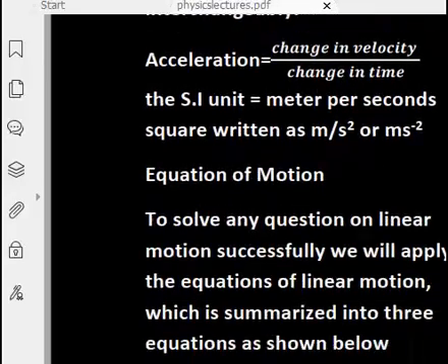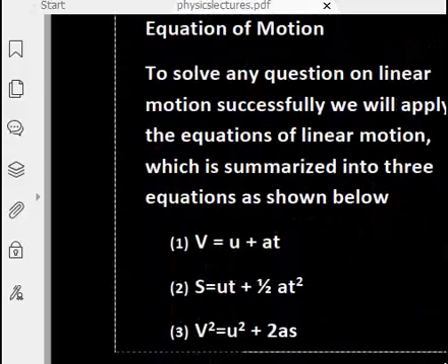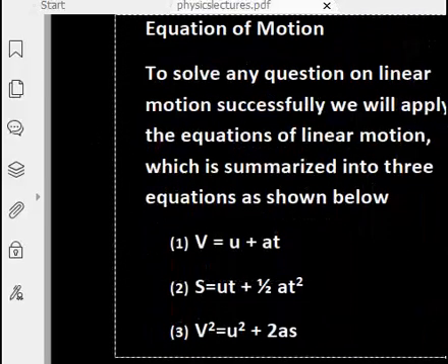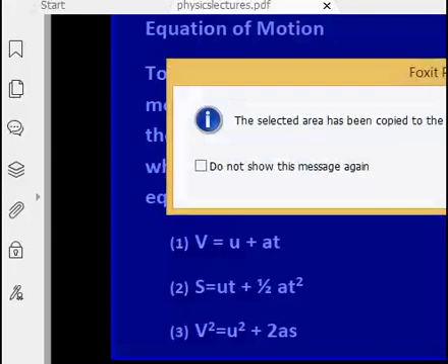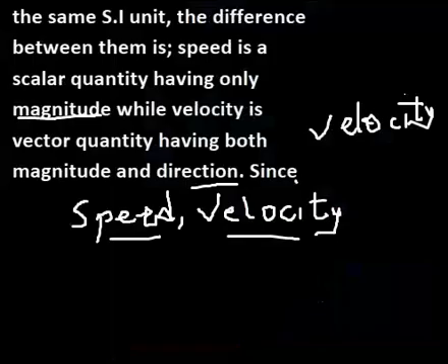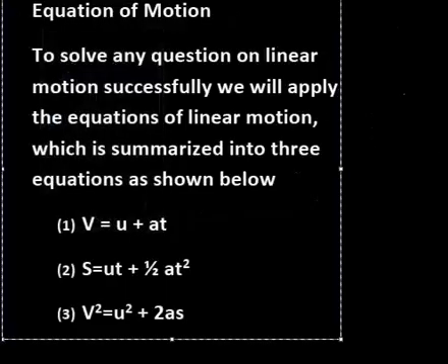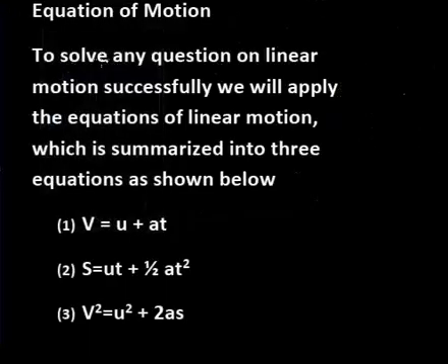Now let's proceed. We are going to look at a very important part of this tutorial. The important aspect of linear motion, which is very relevant when it comes to examinations, is the part that has to do with solving questions based on linear motion.